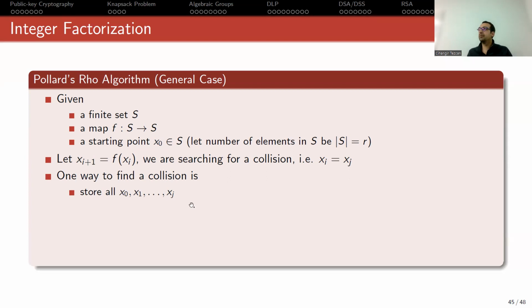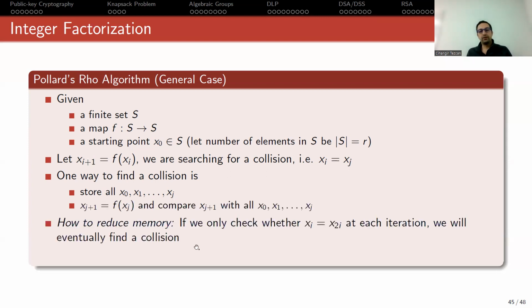This is not a memory-efficient algorithm, because if you are going to calculate a lot of xi's, it will take a lot of memory. So in order to reduce this, we can do some kind of time-memory trade-off. If you only check whether xi equals x2i at each iteration, we will eventually find a collision, of course if this sequence has a collision, if not, you won't find anything.